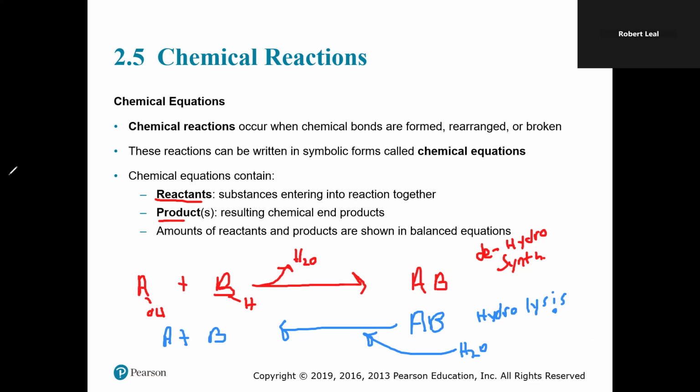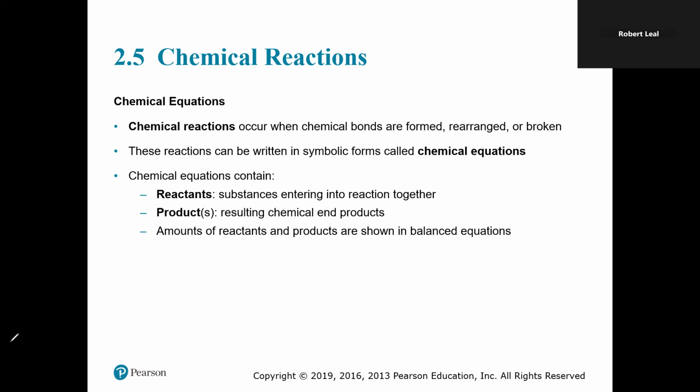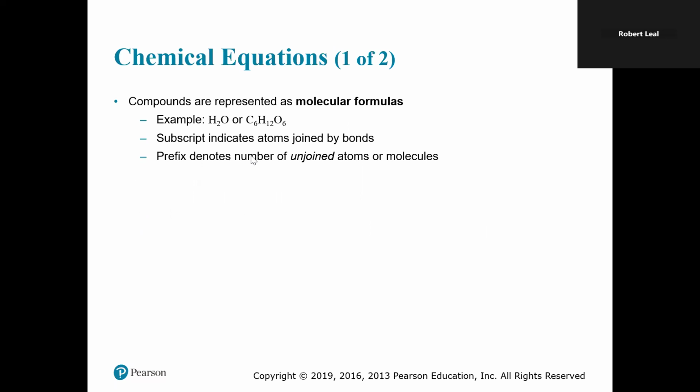All right, let me clear these out so we can go to the next slide. All right, so here, we got some molecular compounds, water, and you also have sugar here. These are held by covalent bonds.